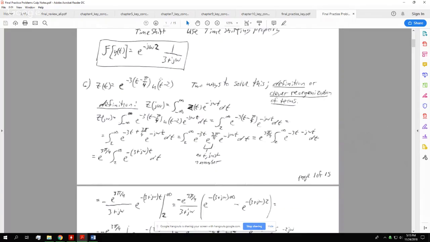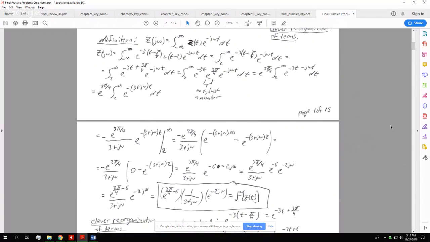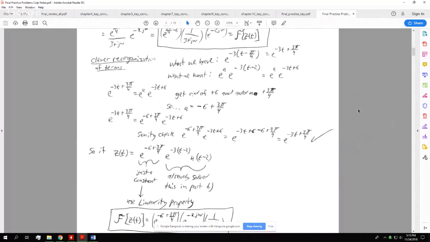Remember, our time shift is t minus 2. And we have a t minus pi over 4. So we need to get this t minus pi over 4 into t minus 2 somehow. So how do we do that? Well, that means that I'm going to have to multiply what I was given by something that will somehow cancel out this minus 2 and make it so that we can legally put this minus 2 here.